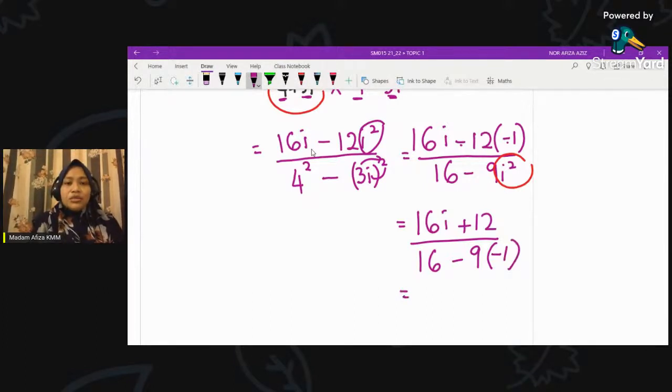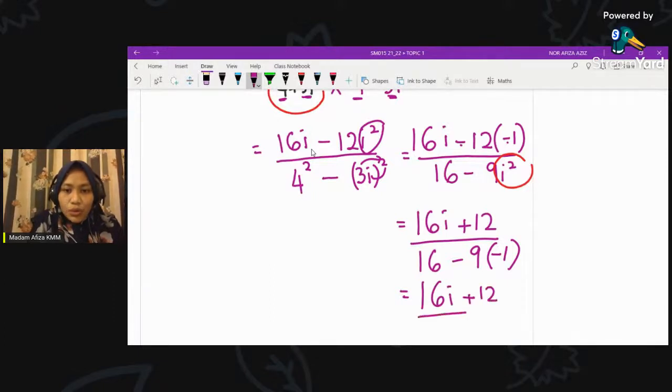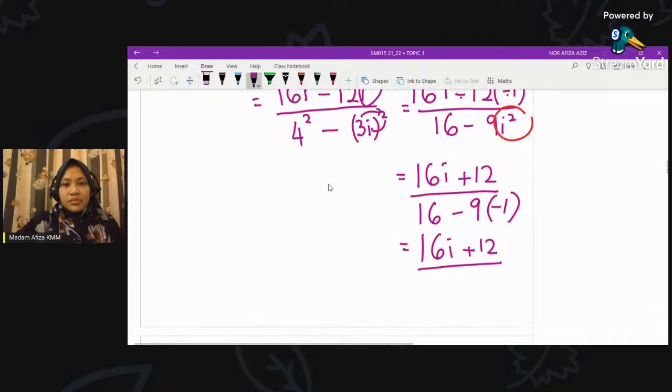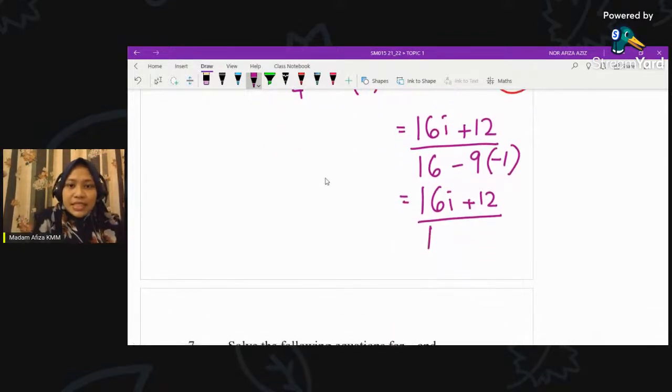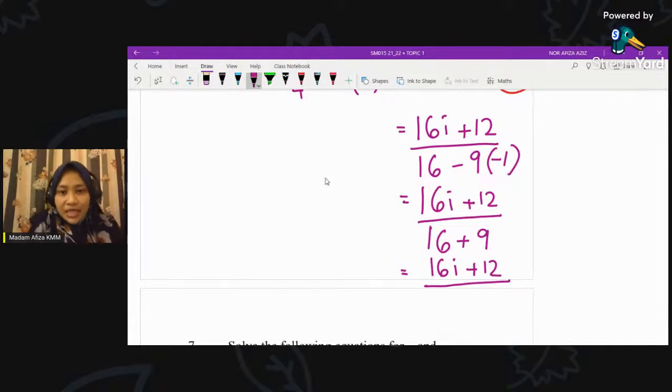So we can solve this to be 16i plus 12 over 16 plus 9. So the final answer will be like this. 16 plus 9 is 25.